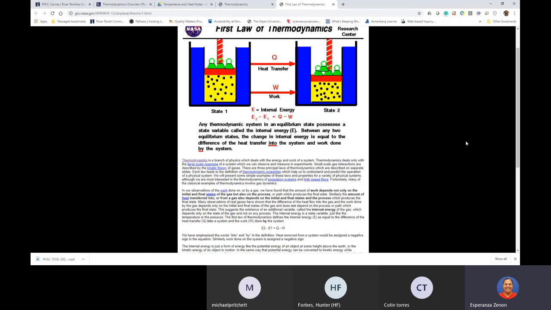So you can think of our system in some ways as like a black box. You can't see inside the black box. You don't know what's going on inside the black box. All you know is you put heat into the black box and the black box does some work, W. Without even looking on the inside of the box, you know how much the inside of that box changed simply by looking at Q minus W. And that's what they're doing in the picture.